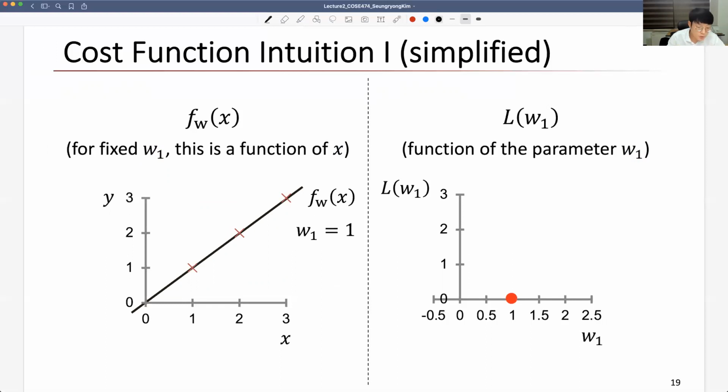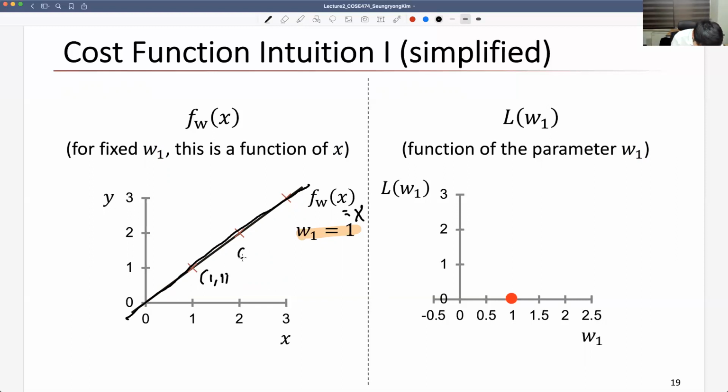The first possible solution is W1 equal to 1. When W1 is equal to 1, the mapping function f_W(x) should be x itself, right? So we can draw this straight line. What is the distance between the ground truth values and the estimated values?